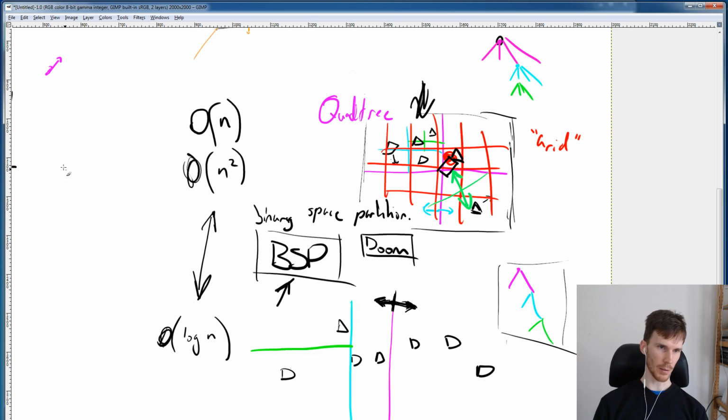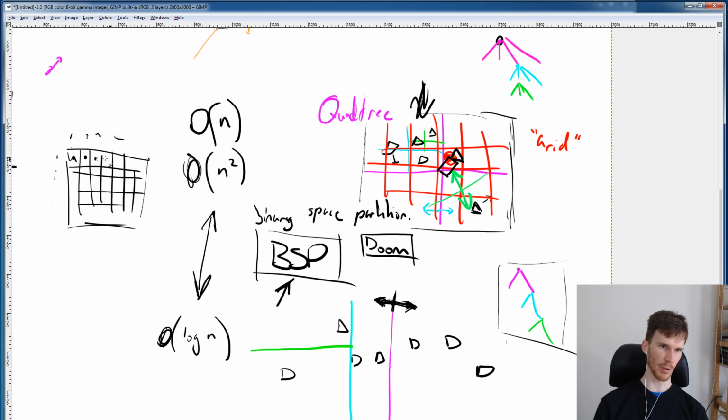Yeah, so in O(n squared) we've got a grid, and we have to check 1, 2, 3, 4, 1, 2, 3, 4. So we don't have to check 1 with 1, but we do have to check 1 with 2, 1 with 3, 1 with 4, 1 with 5, 1 with 6, 1 with 7, and then we have to check 2 with 3, 4, 5, and you end up with this triangle shape, which geometrically speaking is 1/2 n squared, but for big O notation the growth factor is n squared.